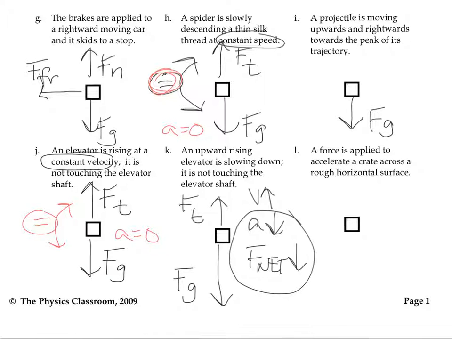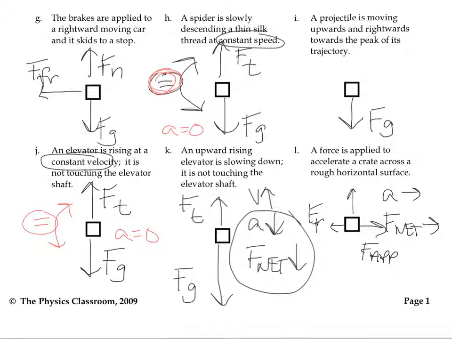And last but not least, you have a force applied to accelerate a crate. So this thing's going to accelerate. I'm just going to choose arbitrarily to have it accelerate to the right, which means that my net force overall has to be to the right. So in this case, we are going to have an applied force pushing it to the right, which means my force of friction should be smaller.